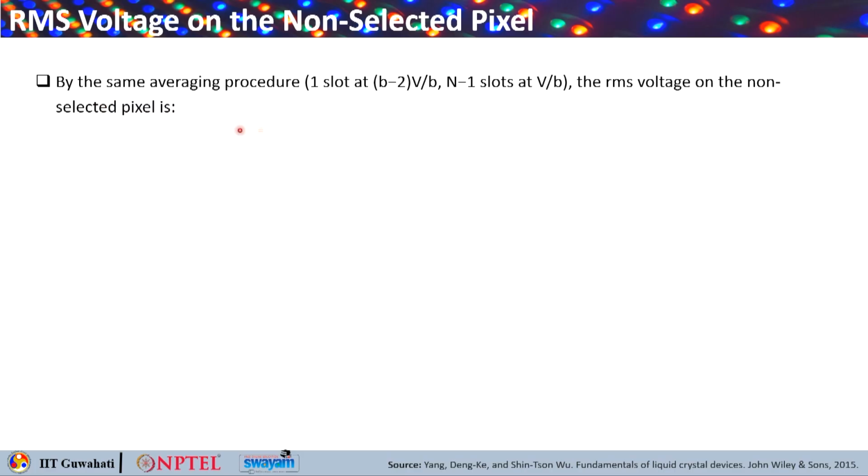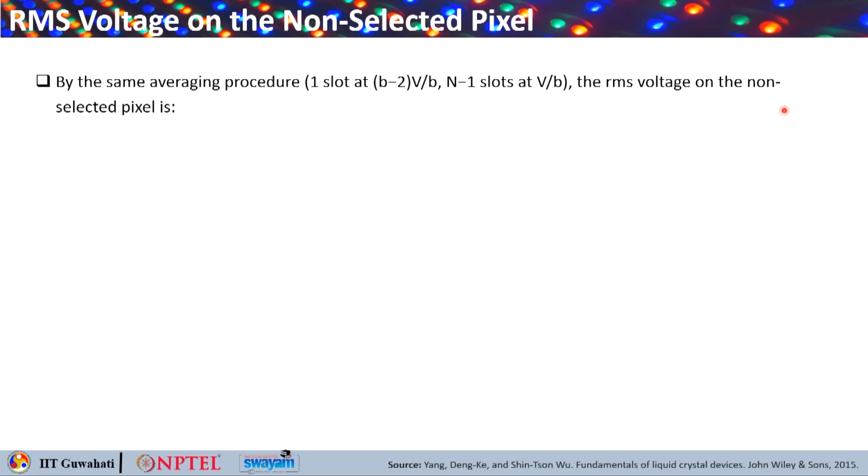Now what about the RMS voltage on the non-selected pixels? You can use the same averaging process, but for the non-selected pixels the voltage in one slot is only B minus 2 V by B, it is not V, and in the remaining n minus 1 slots you are getting V by B. I am using V by B and V over B interchangeably, so you may call it in only one fashion to avoid any confusion.